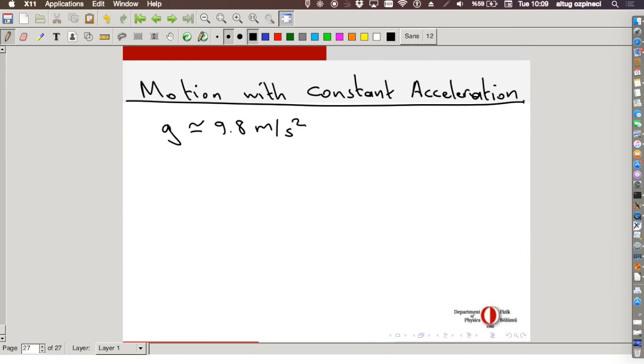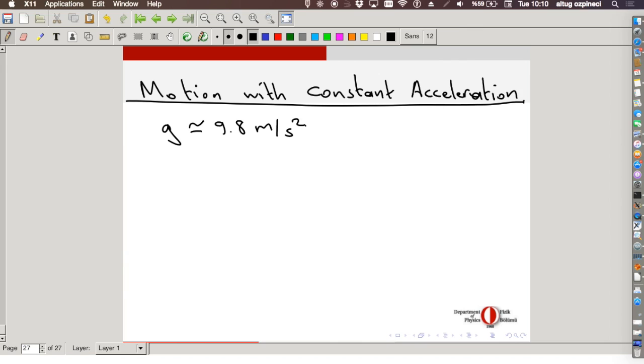Of course, this value changes from location to location and depending on your height from the surface or your distance from the center of the Earth. We will study those variations in future chapters, but for the time being, let's just assume that the acceleration is constant, whatever the value is, and let's try to study the process.